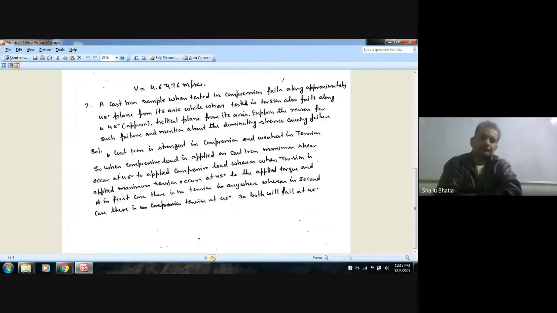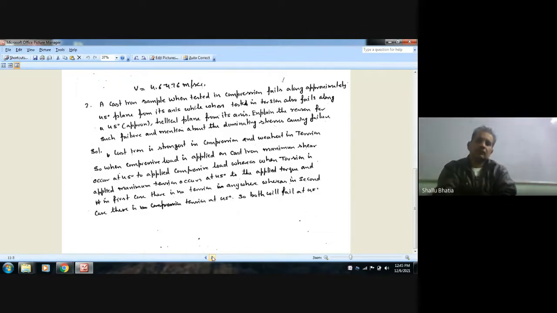Now it is given that the sample material is cast iron, which is a brittle material. Brittle materials are weakest in tension and strongest in compression, and the shear strength is intermediate.